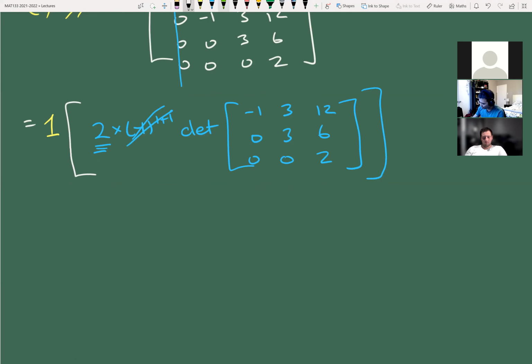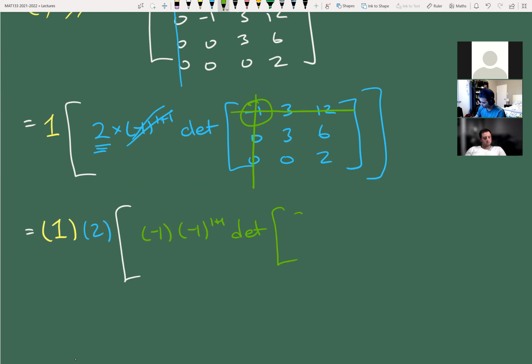And then for my next step, I'm going to expand along, again, the 1, 1 element. So this is going to be equal to 1 times 2 times negative 1, because that's the element here, times negative 1 to the 1 plus 1. That's always going to be 1. Hopefully you're seeing that pattern.